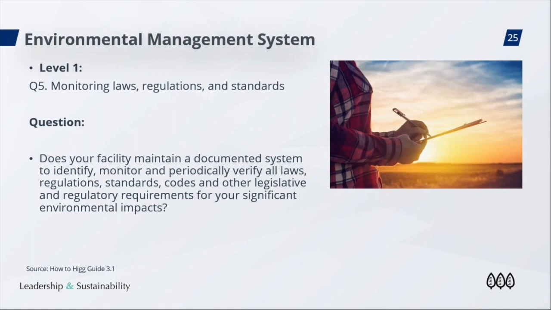Does your facility maintain a documented system to identify, monitor, and periodically verify all laws, regulations, standards, codes, and other legislative and regulatory requirements for your significant environmental impacts? So here you need a really long list of all laws and regulations, etc., that are applicable to you.